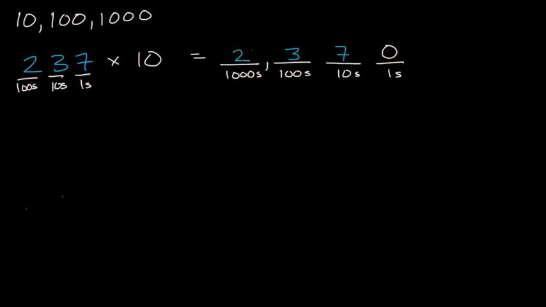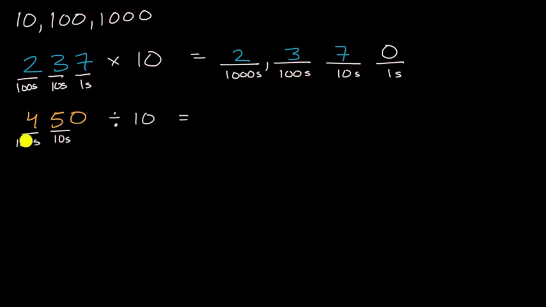But what if we were to go in the other direction? What if we were to take, I don't know, 450, and divide it by 10? Well, if multiplying by 10 shifts the digits one place to the left, then dividing by 10 is going to shift the digits one place to the right. And so we have a 4 in the hundreds place, a 5 in the tens place, and nothing in the ones place.